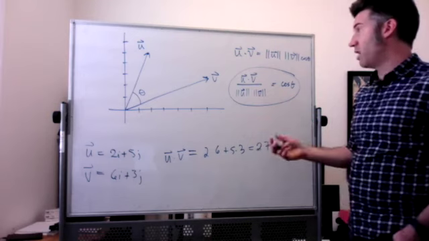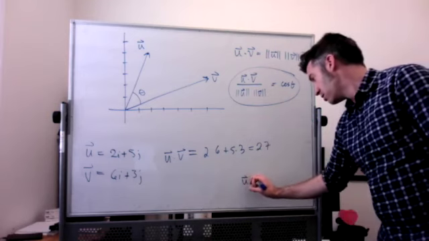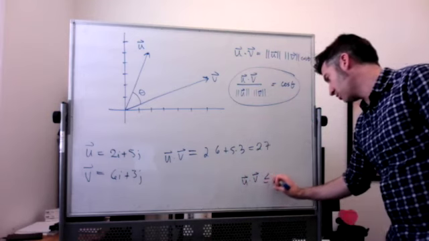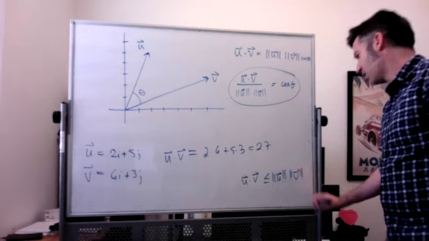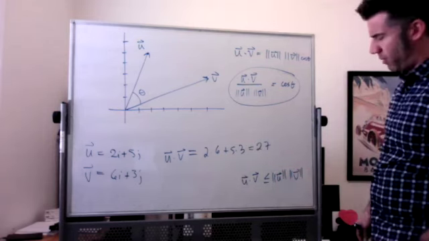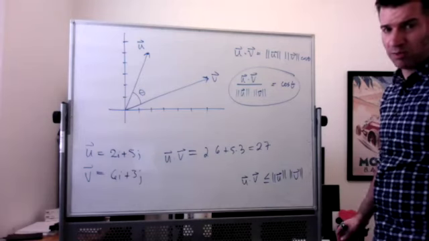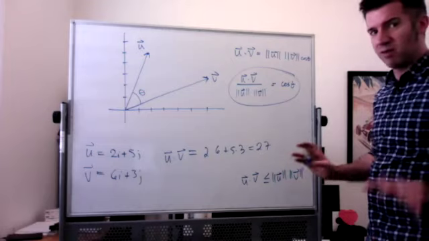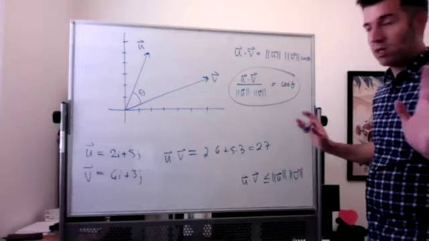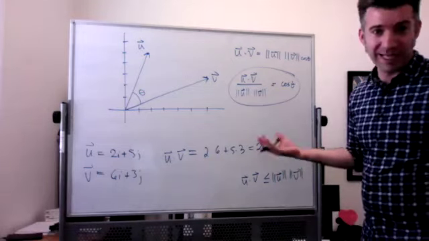So u dot v is less than or equal to the magnitude of u times the magnitude of v. I believe this is the Cauchy-Schwarz inequality, which comes up again in 22a. It's a neat inequality, very much related to the triangle inequality. Not super important right now, but they are neat things.